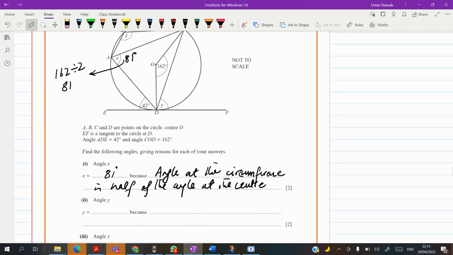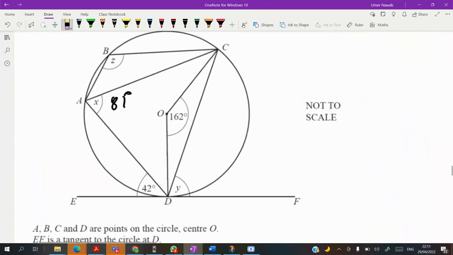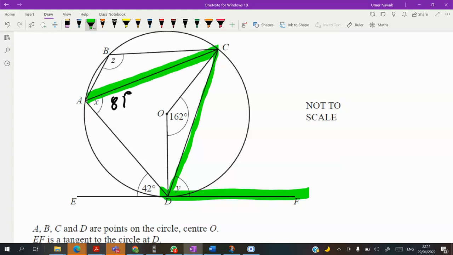Okay. Angle y, we want to see what is angle y. Let me erase. We want to find this angle y. It is made by this chord. Can you check that by the alternate segment theorem?